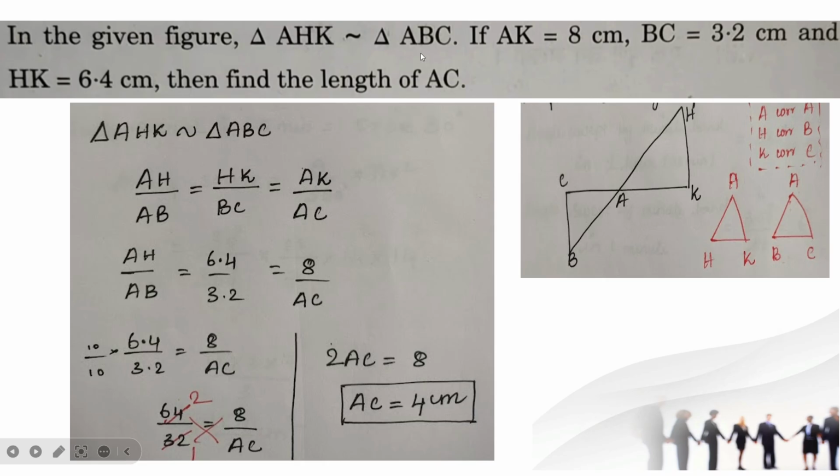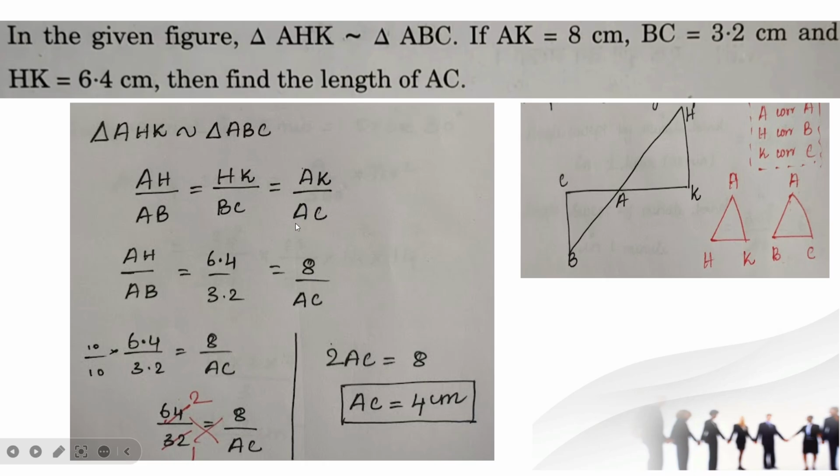That's why we could consider these two triangles are similar. When these are similar, they are having corresponding angles. After drawing, we can write their sides as in this ratio. Okay. Just substitute what are all the values we have. We don't have the value for AH, AB, so leave that. We have value for HK, write it. Do we have the value for BC? Yes, we have, write it. And then do we have the value for AK? We have, write it.